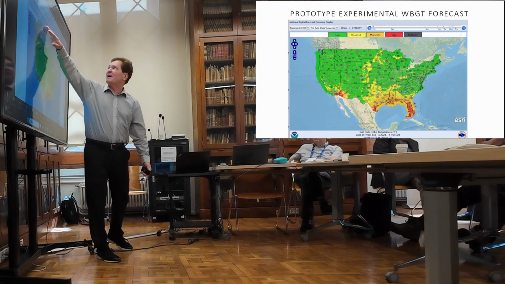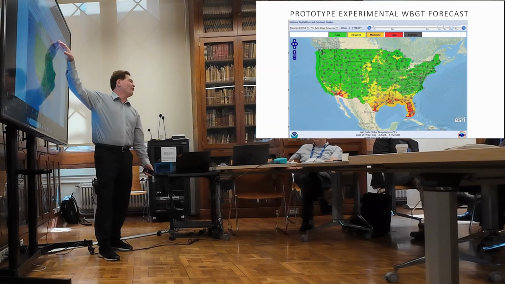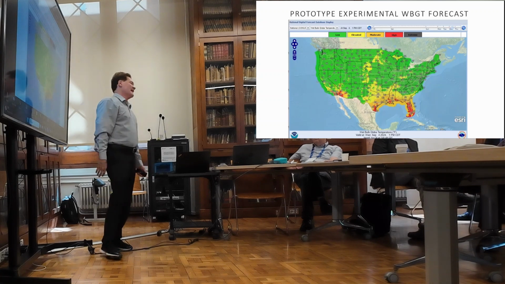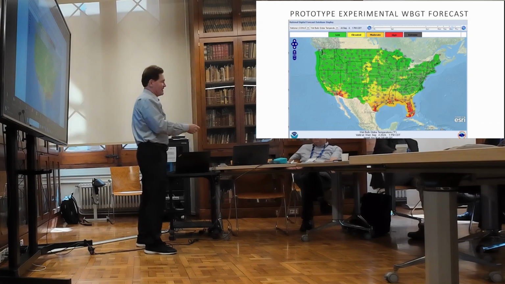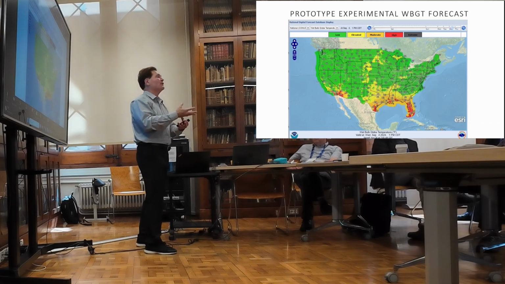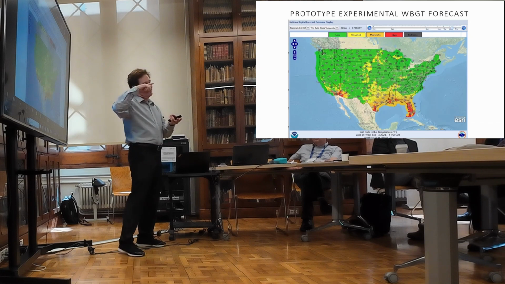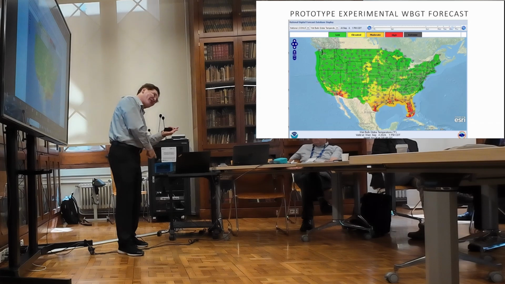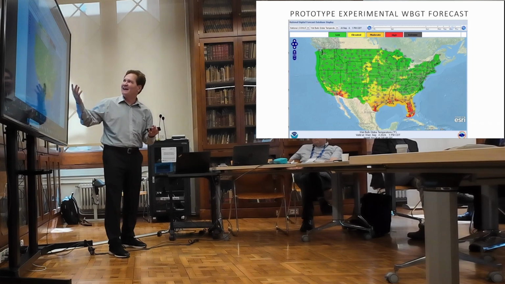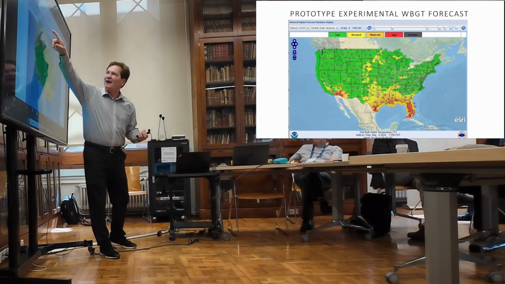This is an experimental wet bulb globe temperature forecast. What they have to do is look at the formula, because they don't have little sensors everywhere. So they include sun angle, and they try and use the forecasted cloud cover and the forecasted wind speed and the forecast of humidity. But anyway, I thought this was kind of interesting.